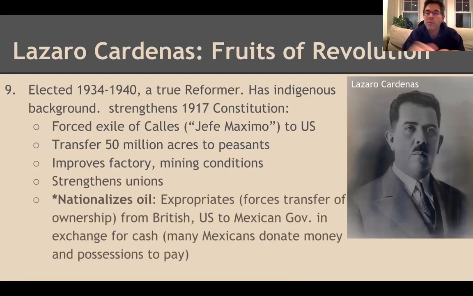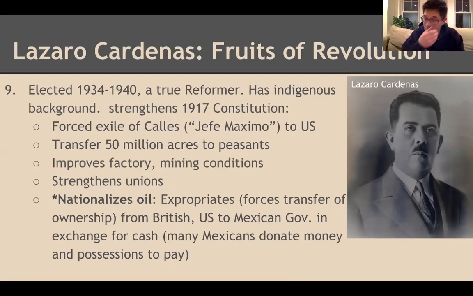And here's the real big thing that he is perhaps best known for and is really regarded as a hero at the time. He nationalizes the oil industry. That is to say, he expropriates or transfers ownership of the oil industry from American and British hands into Mexican hands.